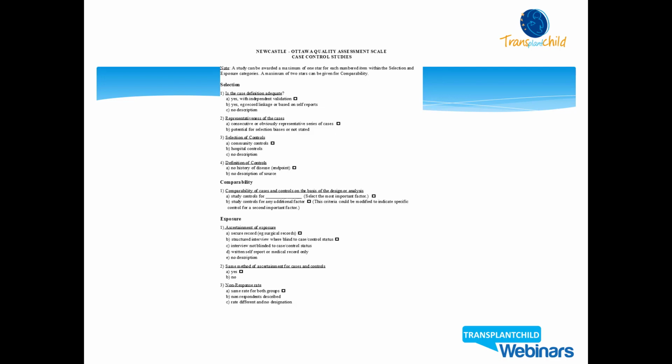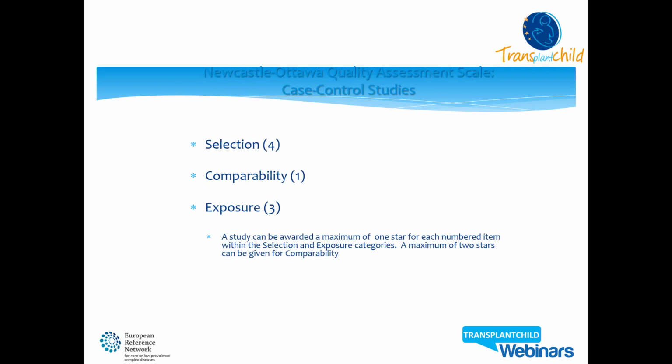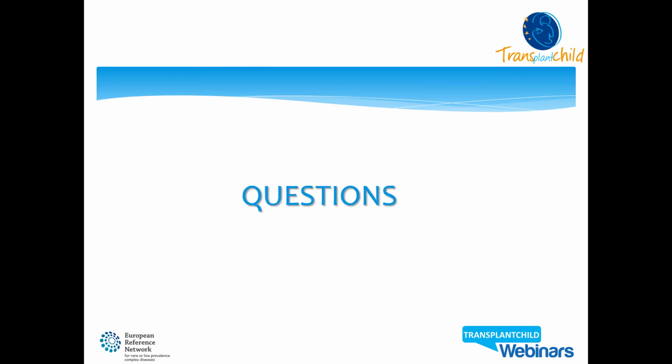For case control studies, it works in the same way. So the maximum score is 4 for selection, 1 for comparability, and 3 for exposure. So a study can be awarded a maximum of 1 star for each numbered item I showed you before within the selection and exposure, and a maximum of 2 stars in comparability, right?